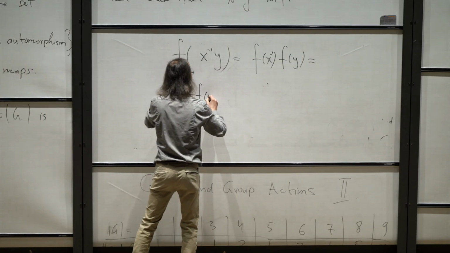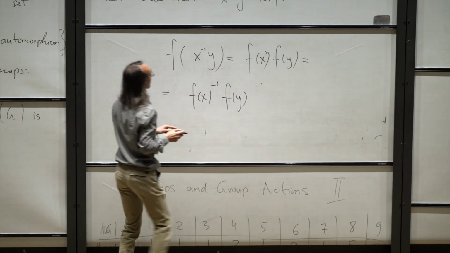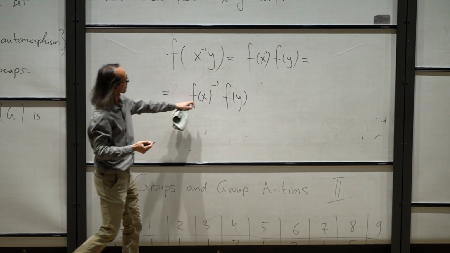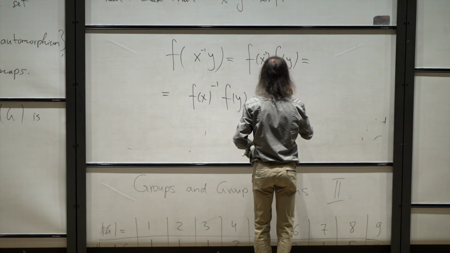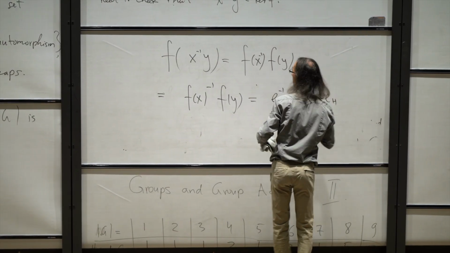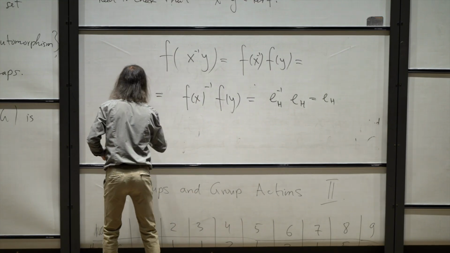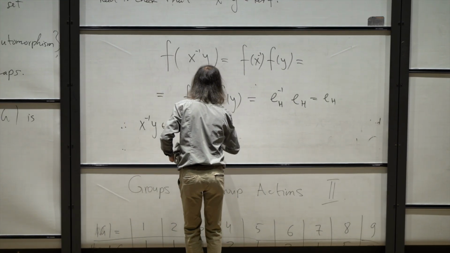So this is F of X inverse times F of Y. But X and Y are in the kernel of F, so F of X and F of Y are the identity. So this is the identity of H inverse times the identity of H. So this is the identity of H. And so by definition, X inverse Y is in the kernel of F as required.